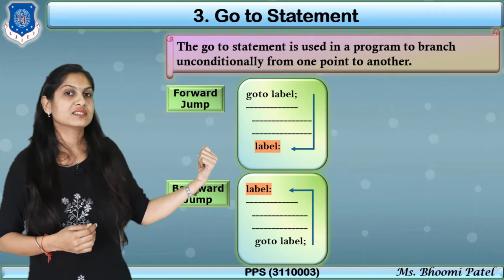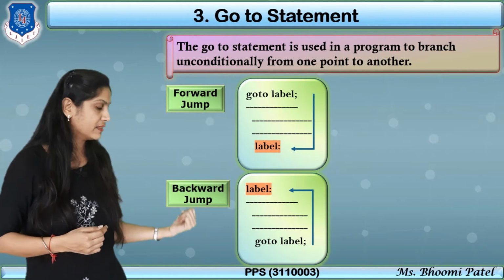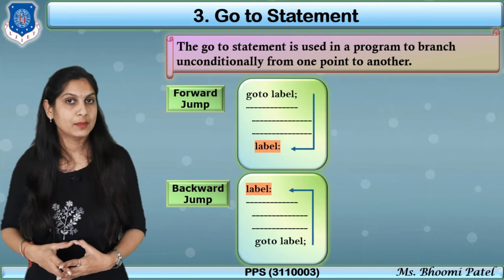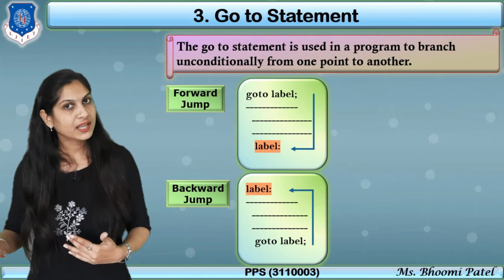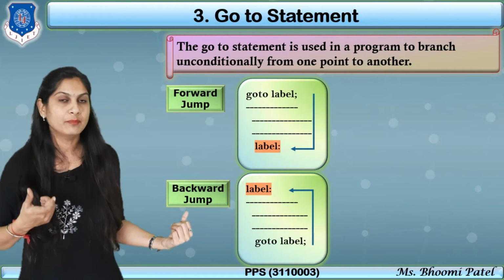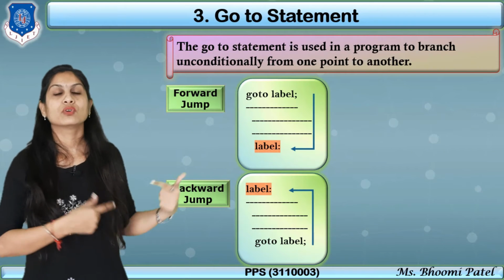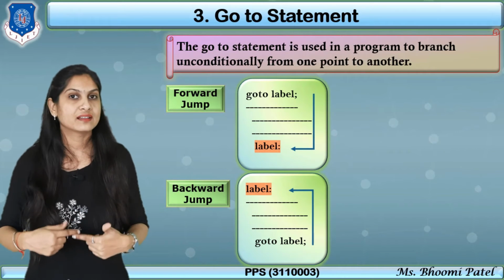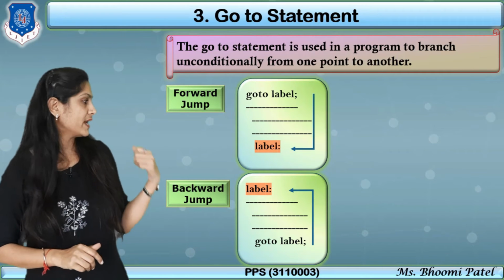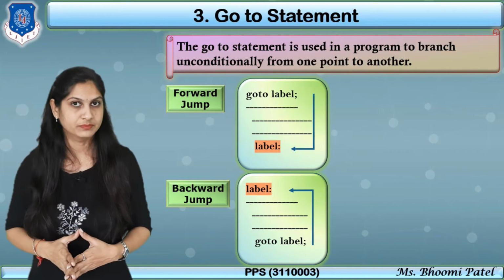So first write the label, then a colon, then a number of statements, and next one is goto label. When the goto label is executed, it searches for the label in your program and moves to that place. Here the goto is at the last position, so it moves back to that label. So the name is backward jump.